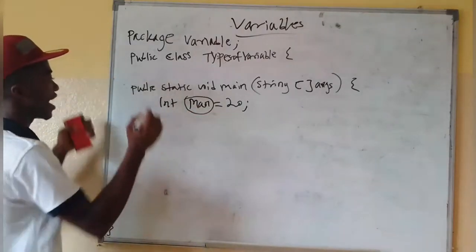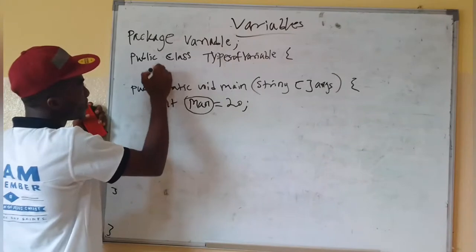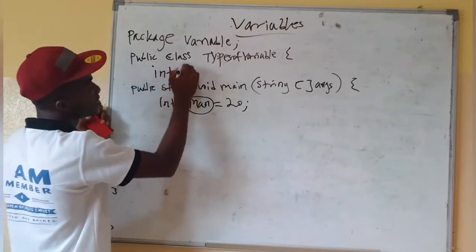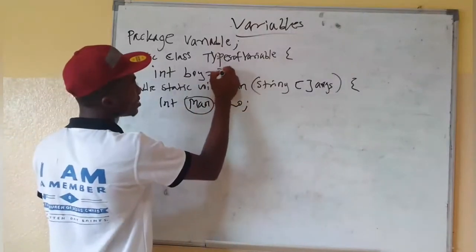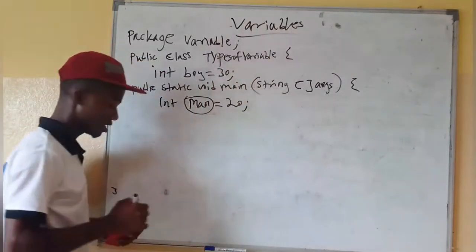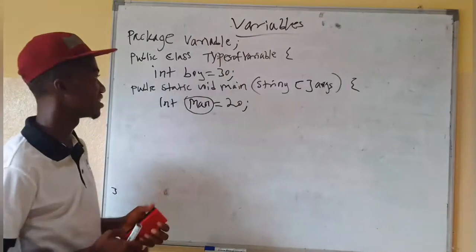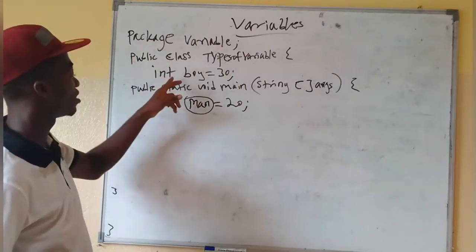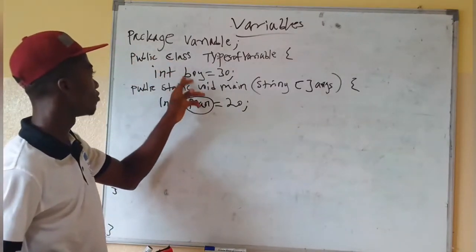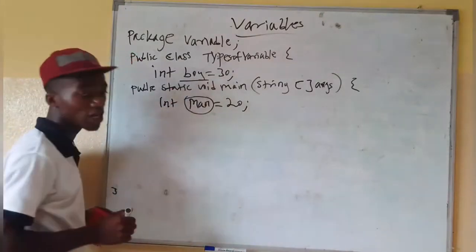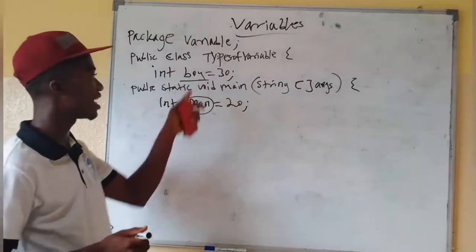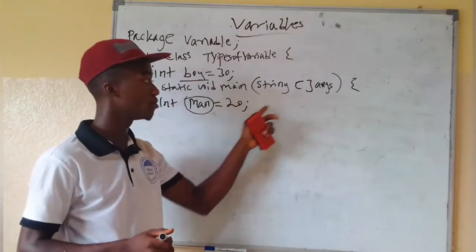But if I come here in the class and I say int boy equals 30. Now, int boy equals 30, this particular variable boy down here is not a local variable because I did not declare boy inside the main method.